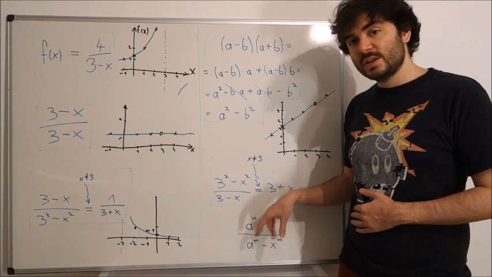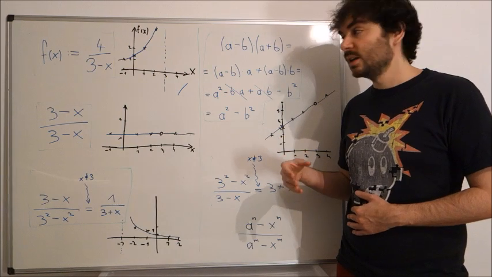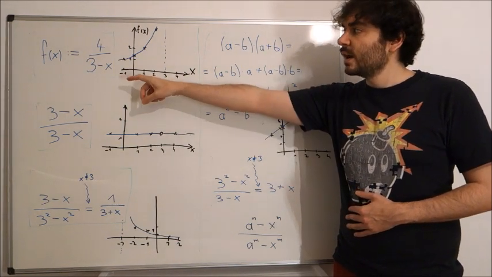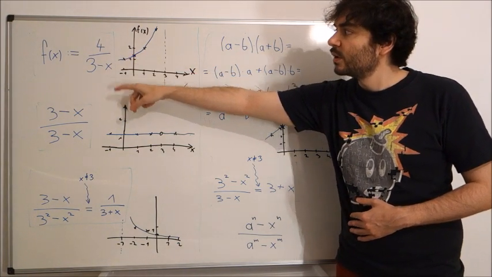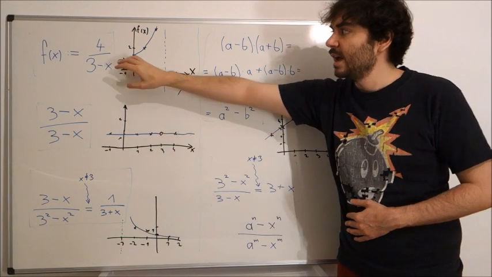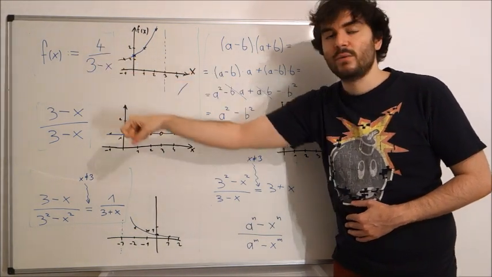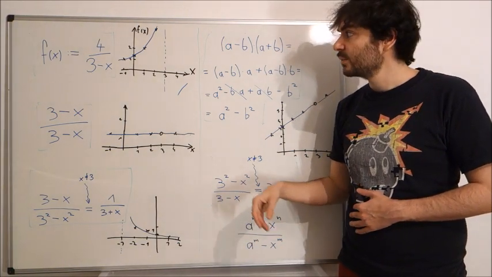Okay, so that is the question, and now I will take a step back and motivate that a little bit more. If we start looking at a function defined by 4 over 3 minus x, and if you plug in some other numbers instead of 4 and 3, that will give a similar kind of graph.